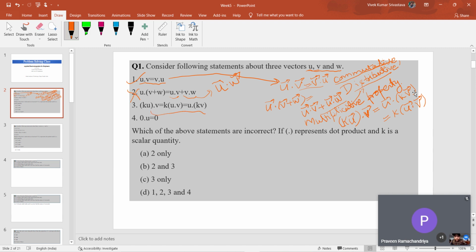Similarly, the third property is the multiplicative property, so this is also correct. And this is the null property: if you multiply any vector by null, or zero, this will also give zero. So this statement is also correct. So the incorrect statement is option 2.